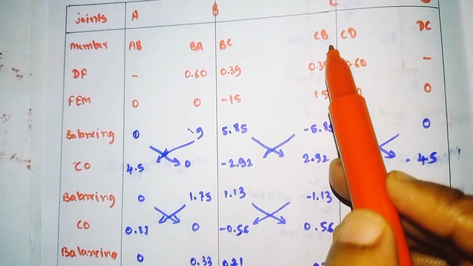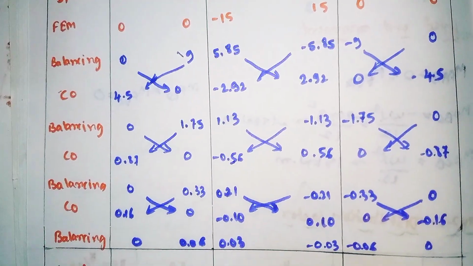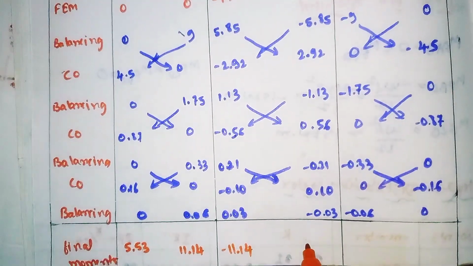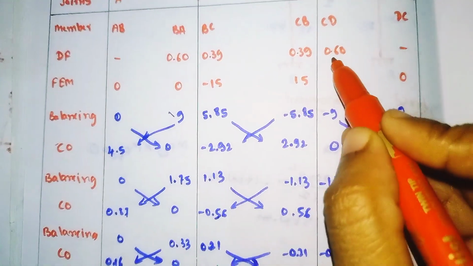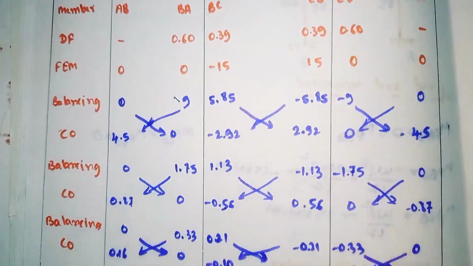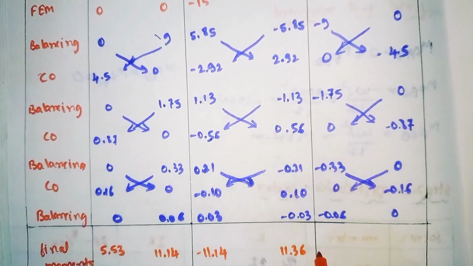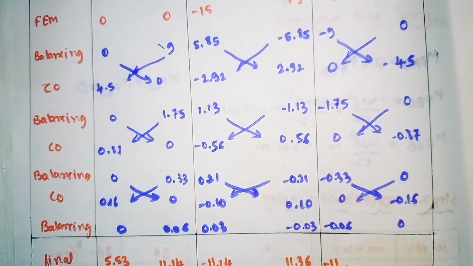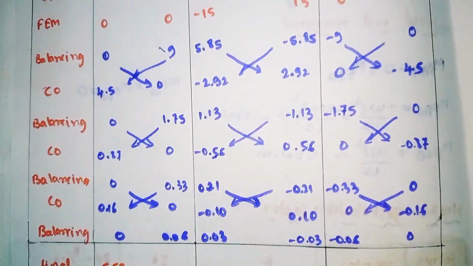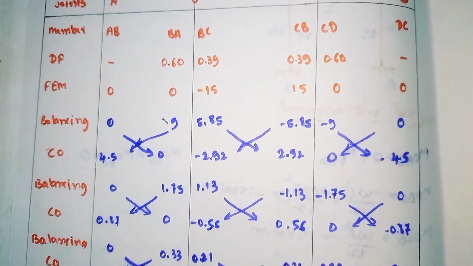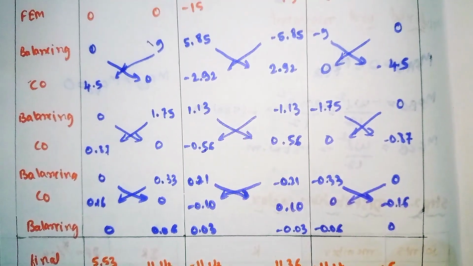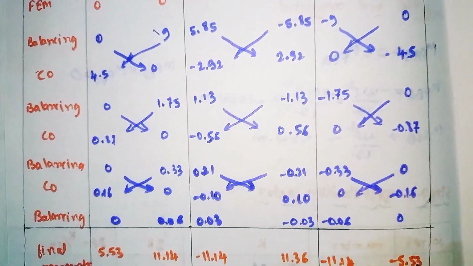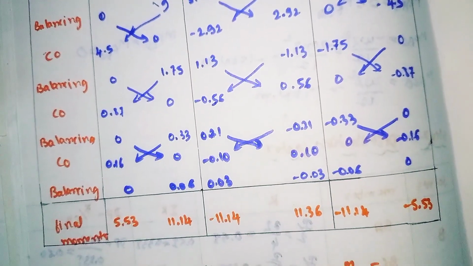For CB, we get 11.36, and for CD we get minus 11.14. For DC, for last DC we get minus 5.53. So these are the final moments we got.